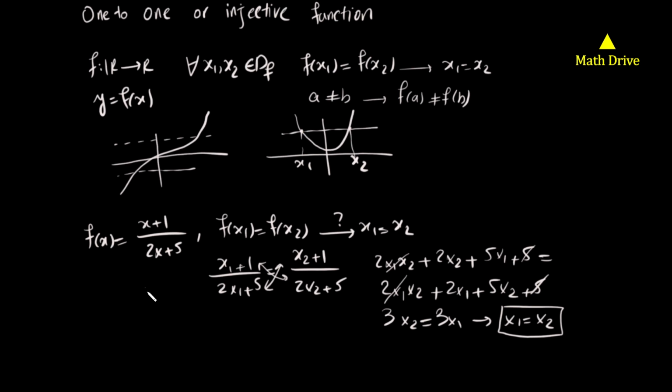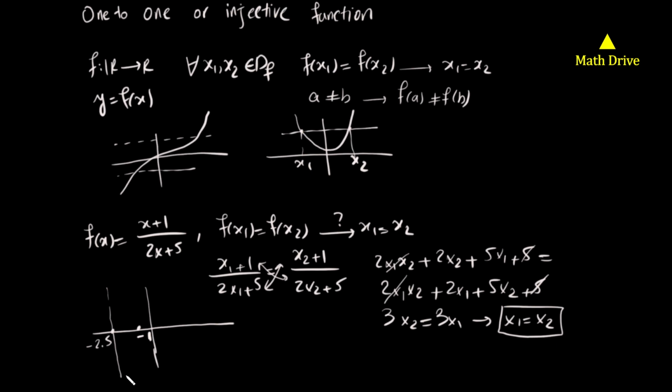We can later see the graph of such a function is going to be, for example, x minus 1. We know that this function is equal to 0 for x equal to minus 1, and as x goes to minus 2.5 it is going to infinity.